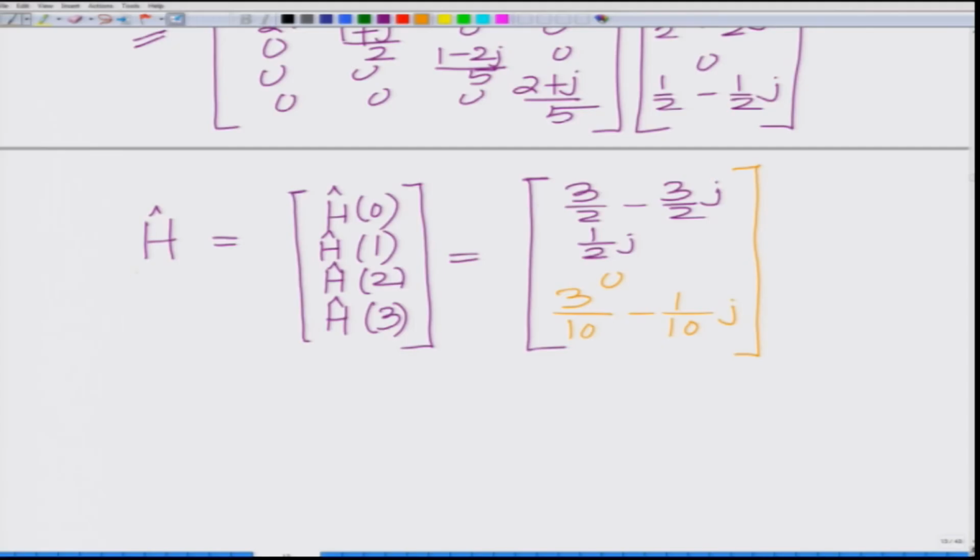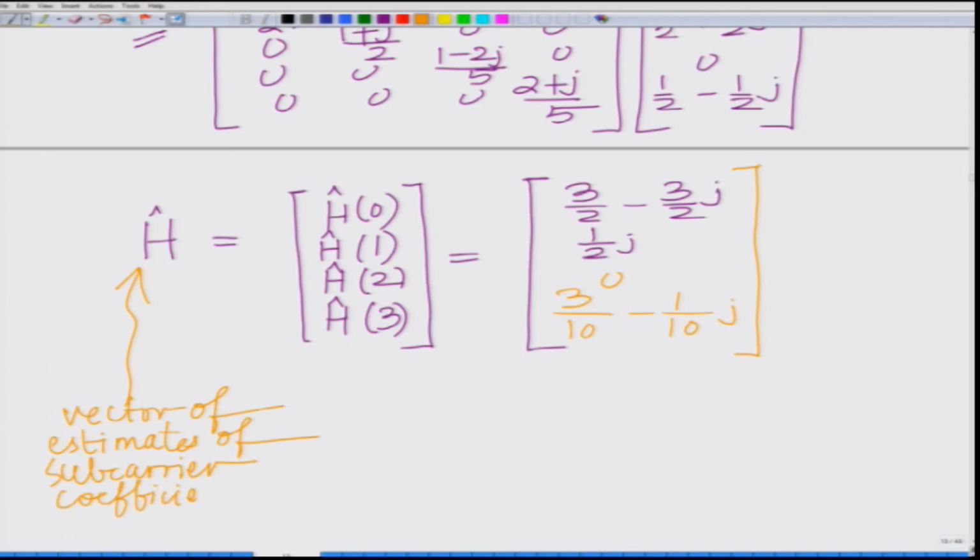So, basically we have the H hat vector of estimates of subcarrier coefficients.